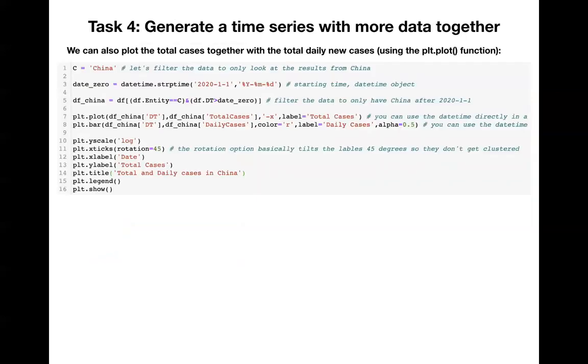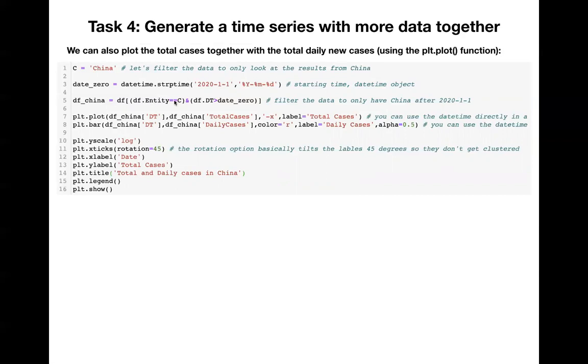So now we can also put total cases versus time in a plot with more data together, right? For example, if you want to look at the data of China starting from January 1st, 2020, we set the starting date equal to that, and we do the filtering.